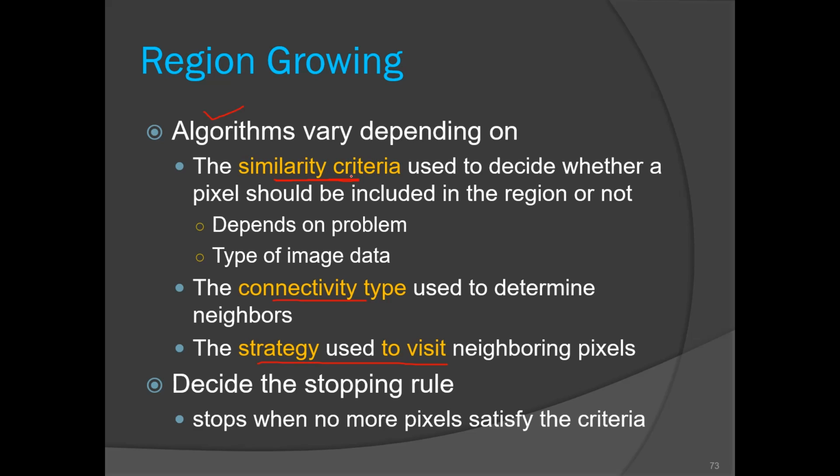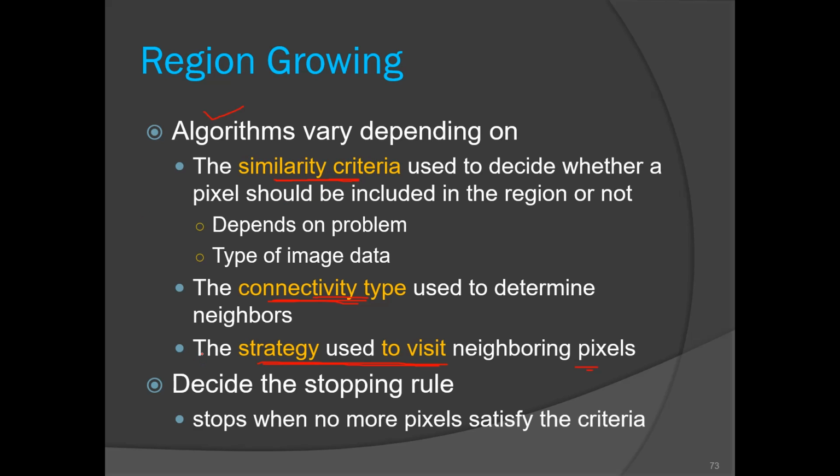Strategy to visit neighboring pixels means either you are going in a BFS fashion or a DFS fashion. For connectivity type, we have 3 choices here: 4 connectivity, diagonal connectivity and 8 connectivity. For similarity criteria, you can increase the range or decrease the range.